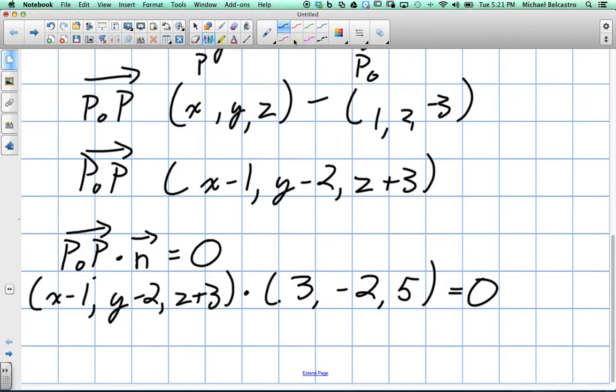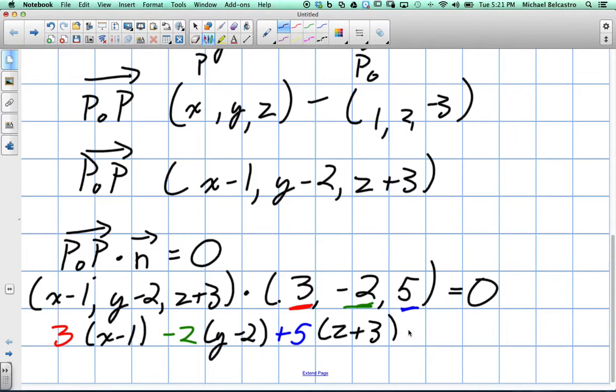So in this case, we'll be multiplying, kind of like the distributive property. This will be 3 times x minus 1, -2 times y minus 2, and positive 5 times z plus 3, all equal to 0. That's our dot product, the multiplication of each of those values.